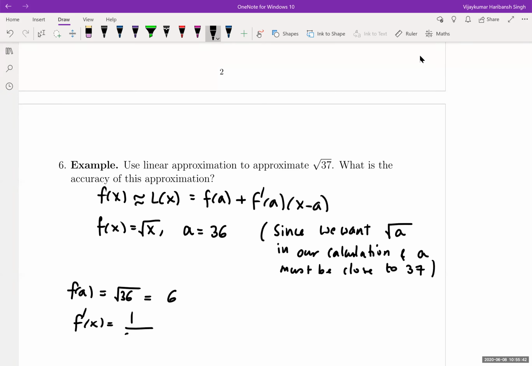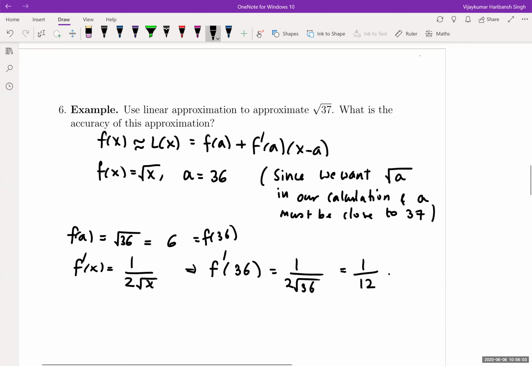This implies f prime at 36 is going to be 1 by 2 times the square root of 36, which is 1 by 2 times 6, which is 1 by 12. Therefore, f of x is roughly equal to L of x, which is f of 36, which is 6, plus f prime of 36, which is 1 by 12, times x minus 36.